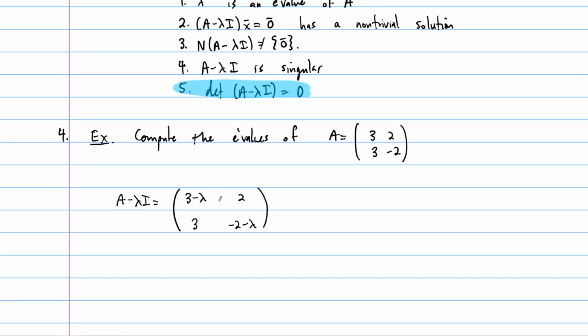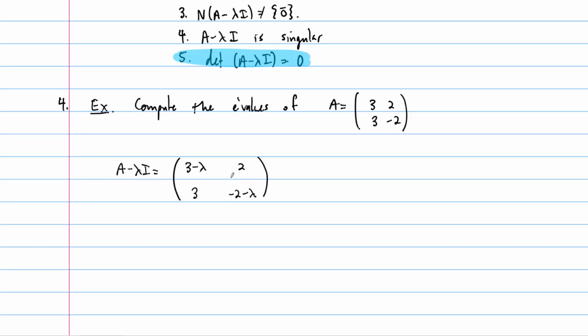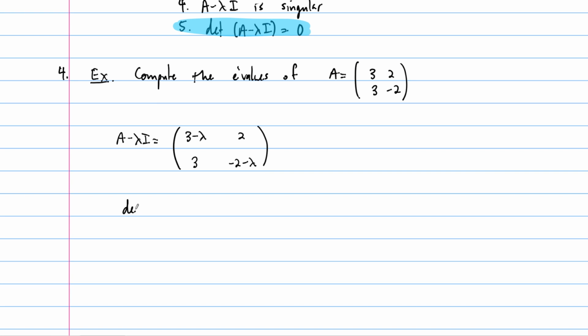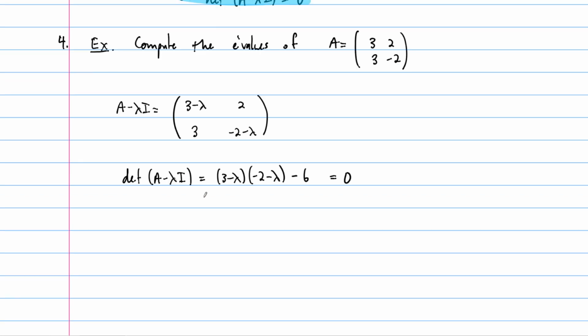And then when we take the determinant, we can just do the formal determinant of this, right? So the determinant of A minus lambda I is then the product 3 minus lambda times negative 2 minus lambda minus 6, right? And we need to set this equal to 0. That's what the criteria is, that the determinant of this matrix is 0. And so at this point, I'm going to work this out a little bit more.